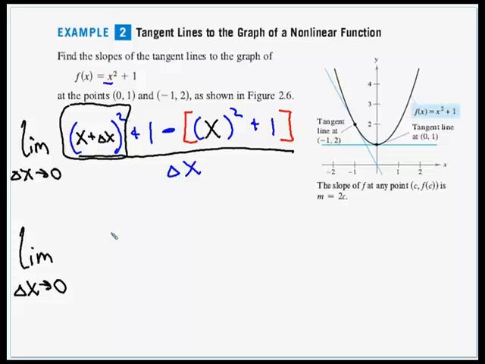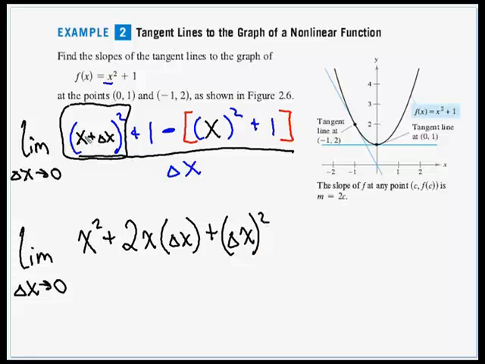x plus delta x quantity squared. Well, that's going to be x squared plus 2x times delta x. And I'm going to put my delta x's in parentheses just to keep them straight. Plus delta x squared. So I just FOILed out this first part. And now here we have our plus 1.